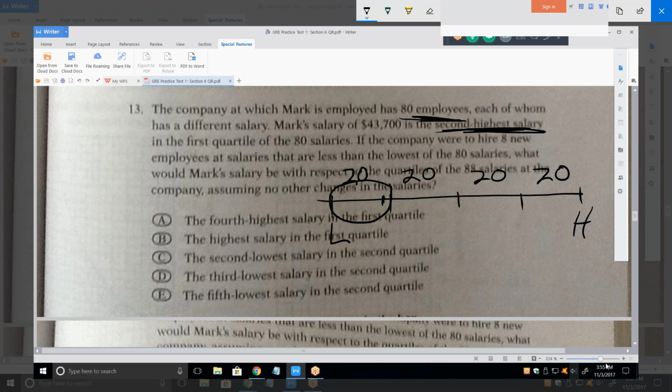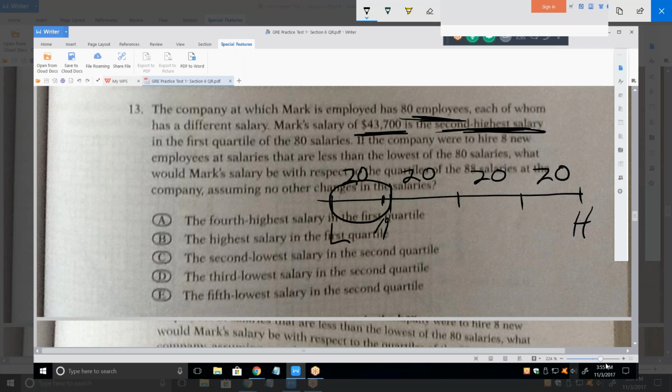Oh, okay. So he's the 19th highest salary in the company. This number they give you is irrelevant. And they're good at that. They're good at making up problems and sticking numbers in there that don't have anything to do with the answer.